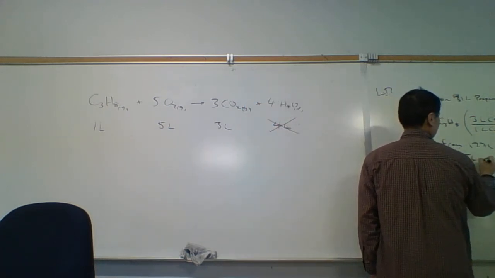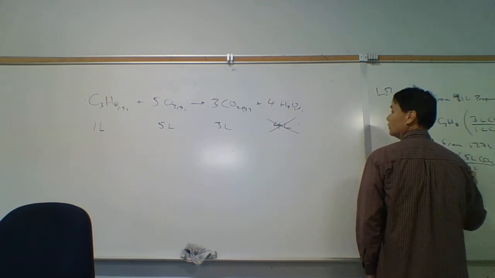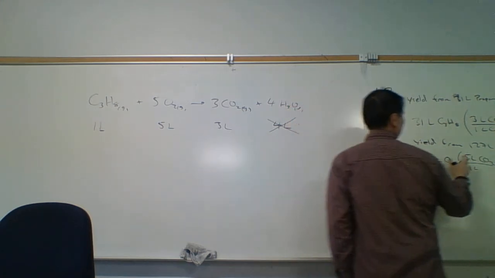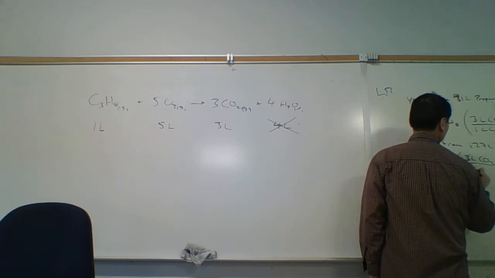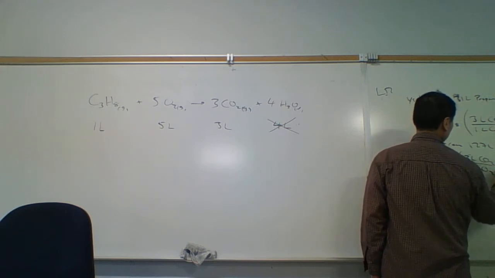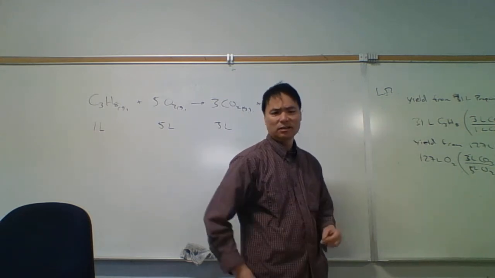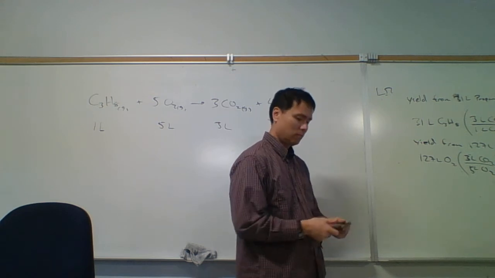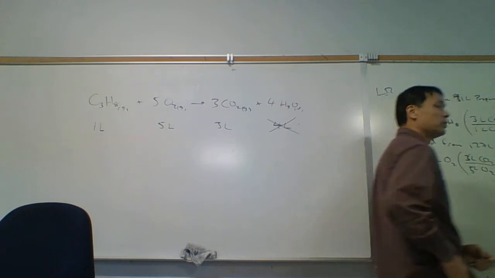And so 5 liters of CO2 are produced for every 1 liter. Oops, no, it's not. Sorry, it's 5 to 3. 3 liters of CO2 are produced for every 5 liters of O2. And so we'll have to calculate that. So, what is it? 76.2.